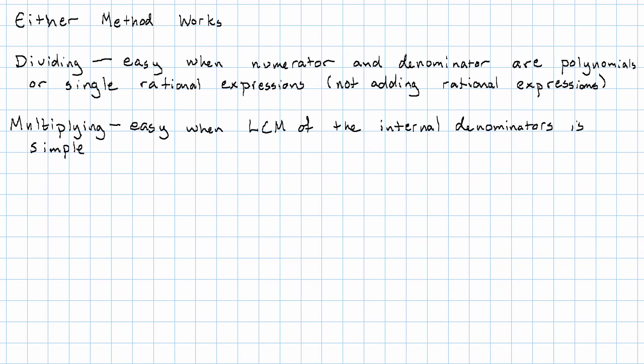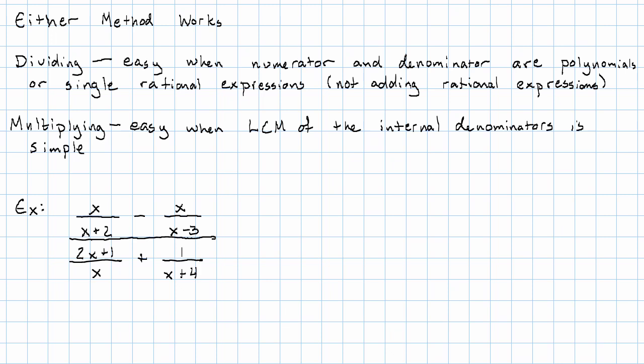But what if we have something that looks like this? We look at that and our first reaction is, ick, right? We're definitely adding and subtracting rational expressions in both the numerator and the denominator, so dividing won't be easy. But our denominators here have no common factors, right?